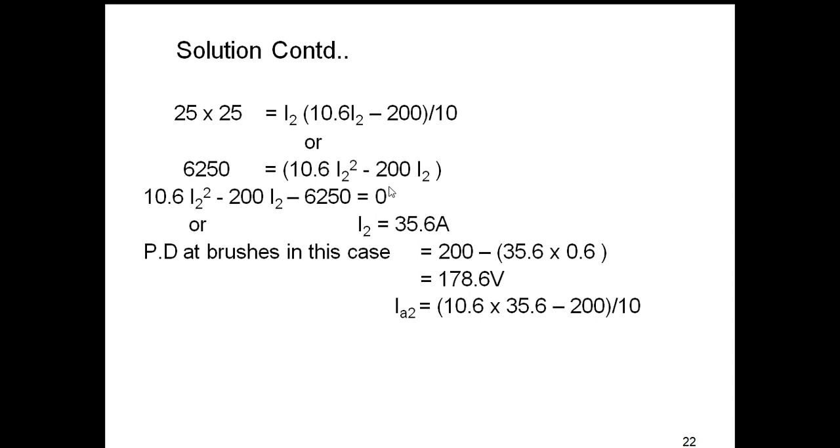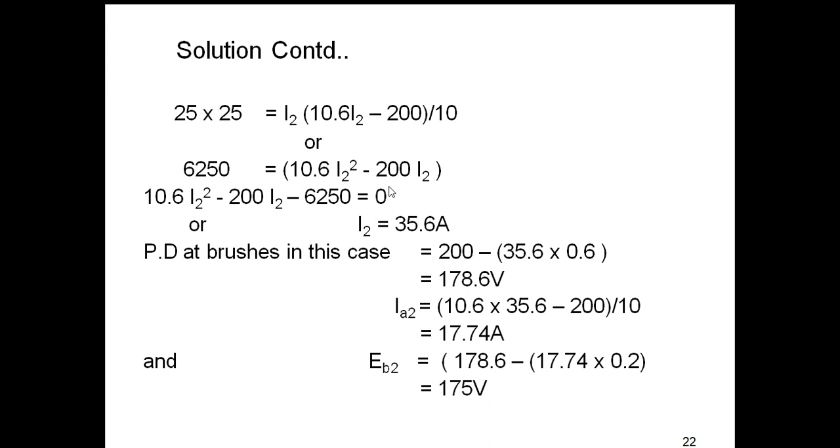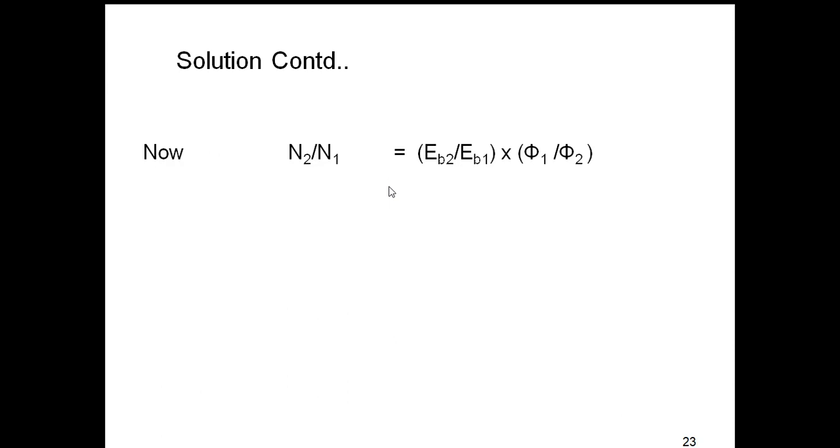And to find the IA2 value, we substitute this I2 value, we get 10.6 into 35.6 minus 200 by 10. We get IA2 as 17.74. And the EB2 value will be 178.6 minus 17.74 into 0.2, that is 175 volts.